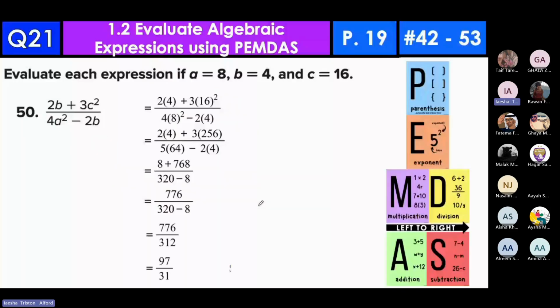Number 50, 2, you keep it. The B, parentheses, the plus, you keep it. The 3, keep it. The C, parentheses, the 2, put it up. Then put the fraction bar. The 4, you keep it.